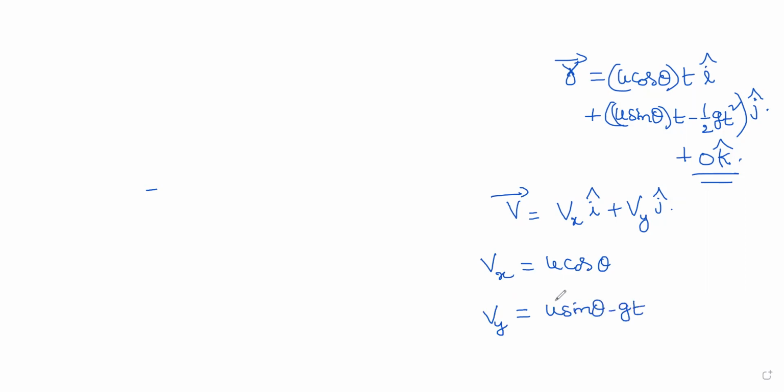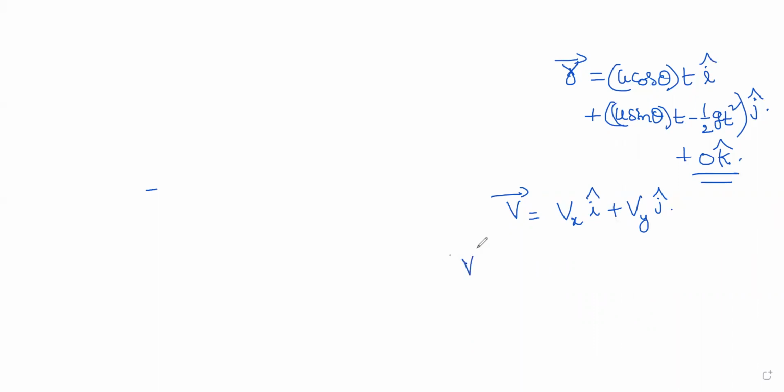Based on this fact, the velocity in the y direction keeps on changing with time, so you can write the velocity vector like this. This is a toolkit you need to solve this problem.